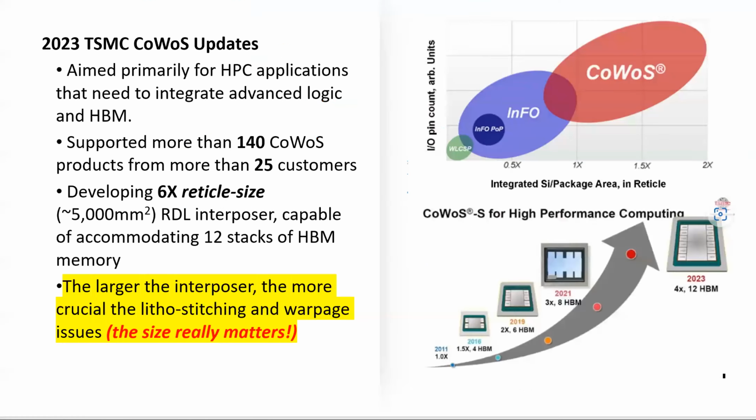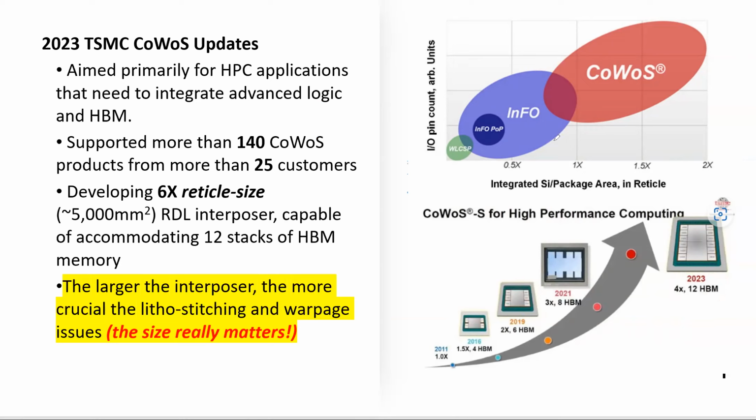And here, as I mentioned before, is the TSMC CoWoS update. They said currently they could do 4x now, right? This is 4x. In 2023, you could do 4x of the reticle size.